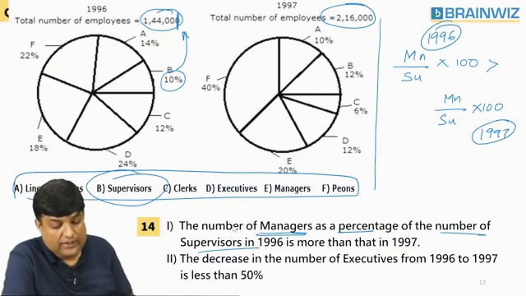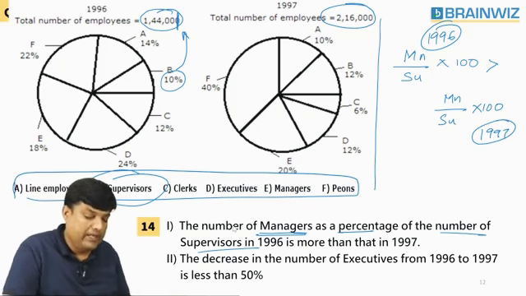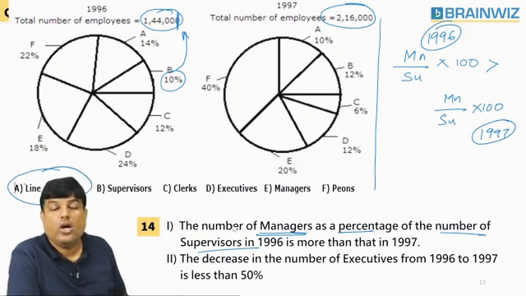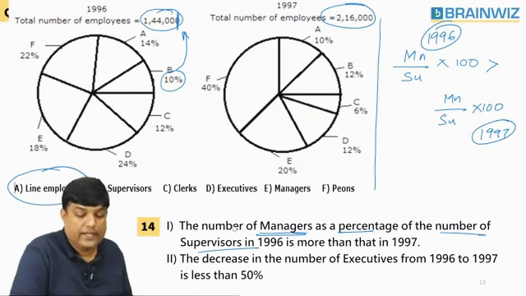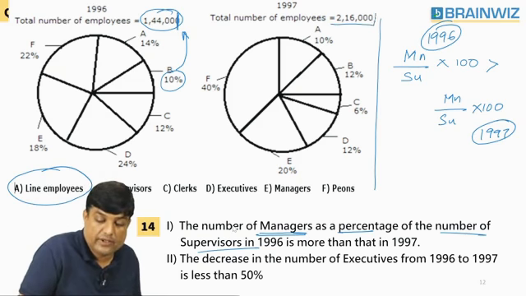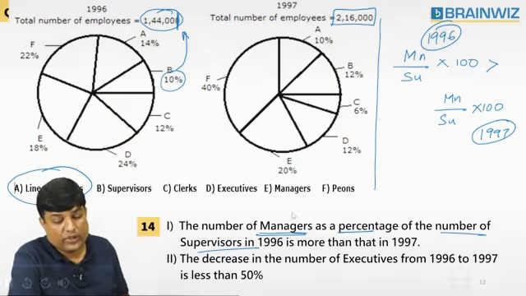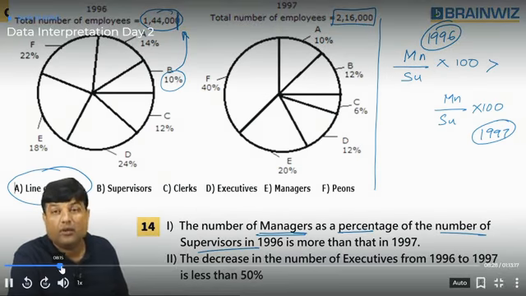Okay. If I ask you how many line employees there are, you know, in all these things, these are the line employees. How many line employees are there in the year 1997? In the year 1997, we know the total population is 2,16,000.